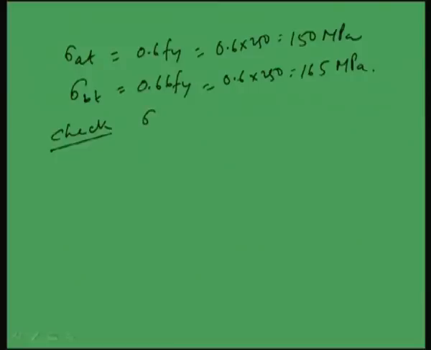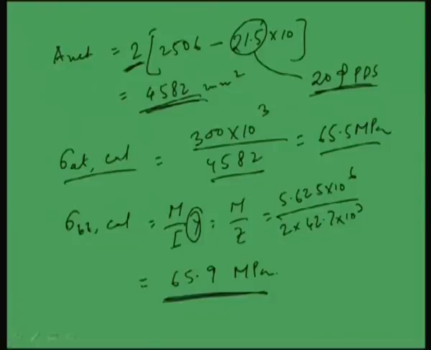Now we have to check whether this is okay or not. That is sigma at calculated by sigma at permissible plus sigma bt calculated by sigma bt permissible should be less than or equal to 1. So sigma at calculated we have, that is 65.5 MPa.